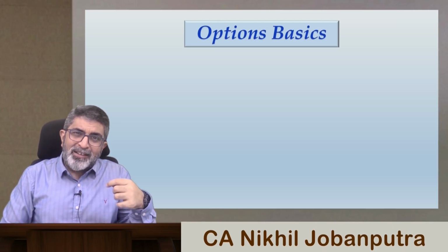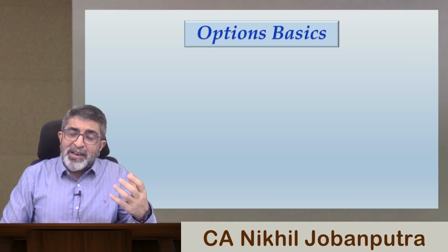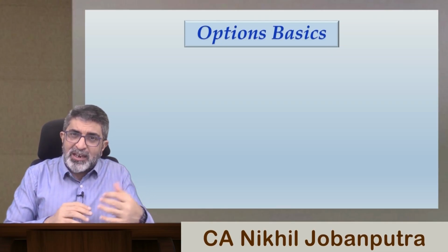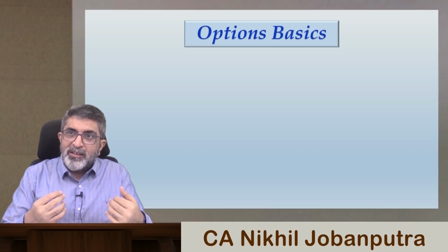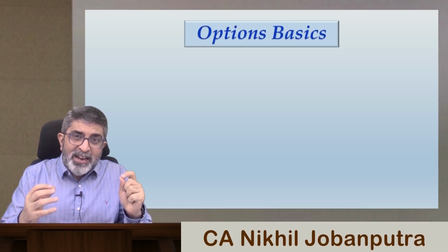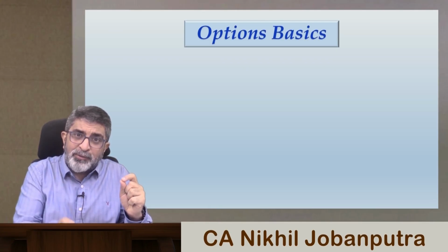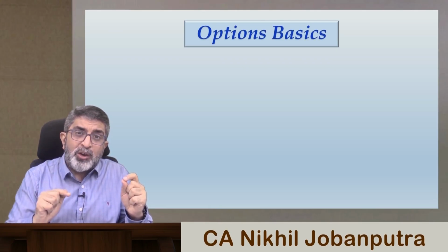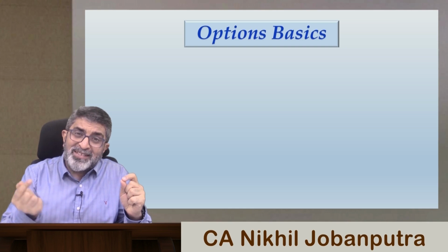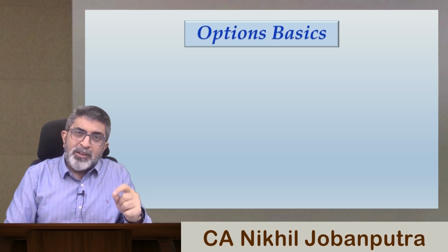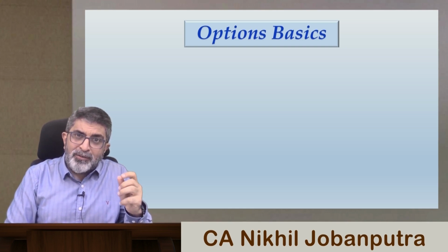After understanding everything about derivatives in the initial classes, if you can recollect, we started understanding how a derivative derives its value from the price movement of the underlying. When we started learning that concept, the very first example we took was of an option itself, correct?